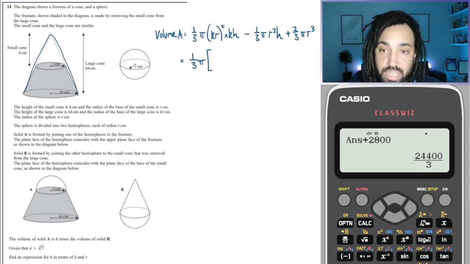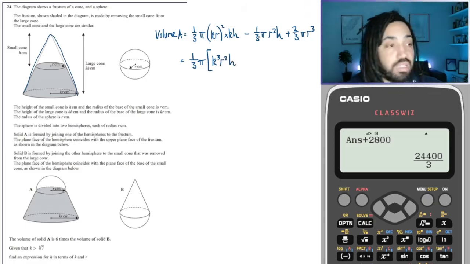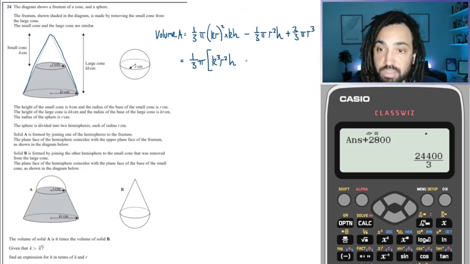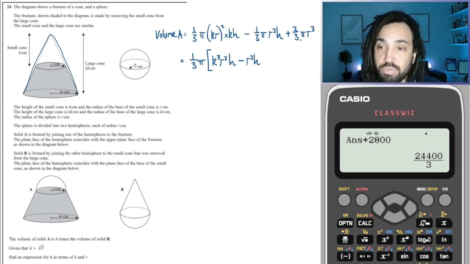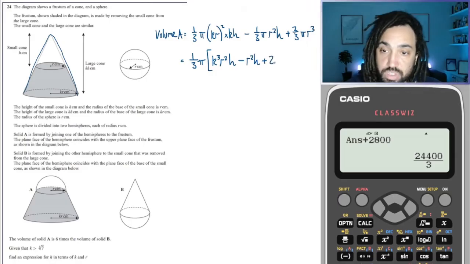So k squared times k is k cubed. I've got an r squared and I've got an h. Now over here, when I take out a third pi, I'm just left with r squared h. And here, when I take out a third pi, I've got 2r cubed, so plus 2r cubed.